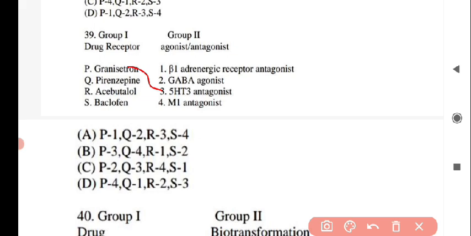For next drug receptor, that is pirenzepine, the correct answer is option number 4, that is M1 antagonist. And for acebutolol, the correct answer is option number 1, adrenergic receptor antagonist. And for baclofen, the correct answer is option number 2, that is GABA agonist. So option B is correct for this question.